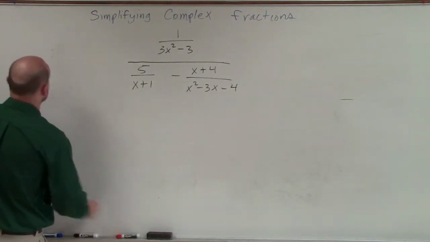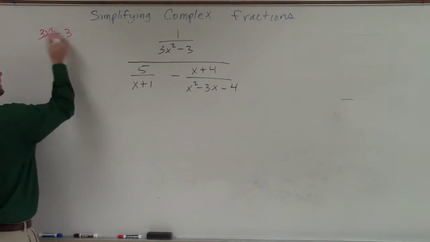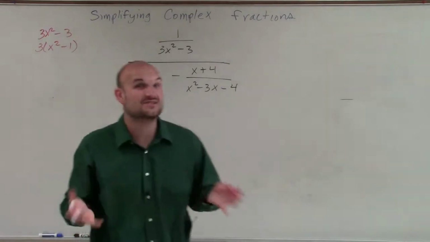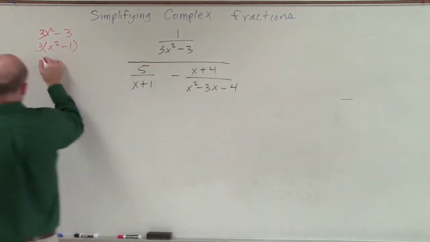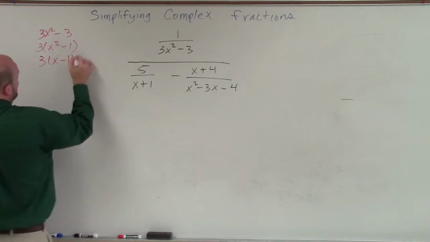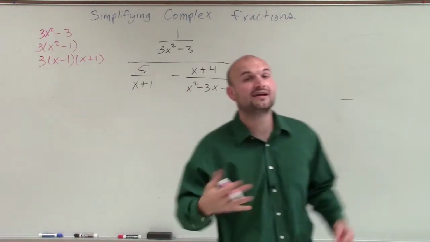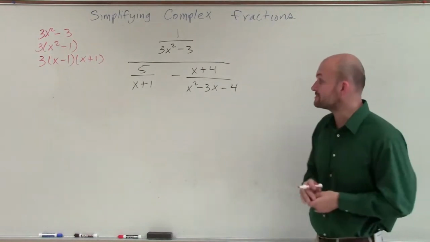So if I have 3x squared minus 3, I can factor out a 3, which gives me x squared minus 1. Now, x squared minus 1 is also a difference of two squares, so I can rewrite that as x minus 1 times x plus 1. So that's understanding our common factoring techniques and realizing our difference of two squares.